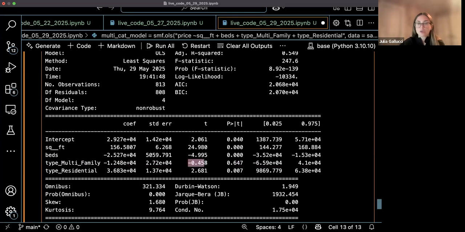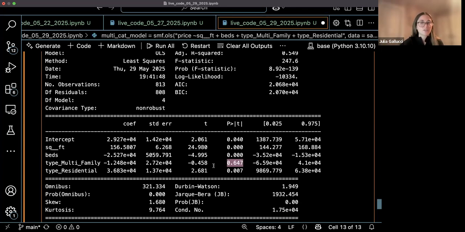We also have this t-value here, which is minus 0.45, and this is pretty small, pretty close to zero. This suggests a weak relationship between multifamily properties and house price. And in fact, if we look at the p-value, we see that it does not cross the threshold of significance, indicating that the coefficient is not statistically significant. The price difference between multifamilies and condos is likely due to random chance.